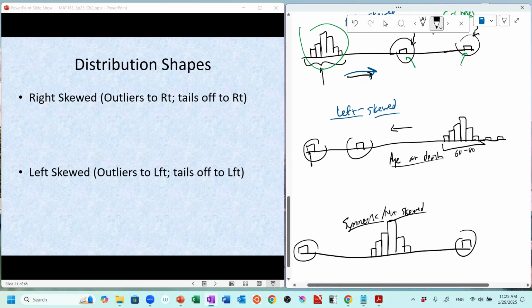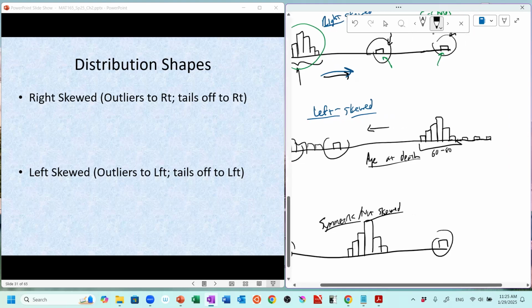But there are some people who die in their first year of life or their second year of life. It's not common, it's pretty rare. But there are some people who die, let's say, 70 years younger than expected, but nobody lives 70 years older than expected, right? Like essentially nobody lives to 130 or 140. So that would be a left skew distribution. There might be some outliers on the right, but there are many more outliers on the left.